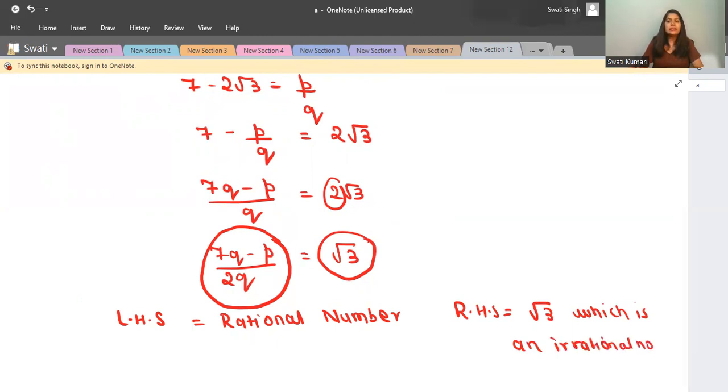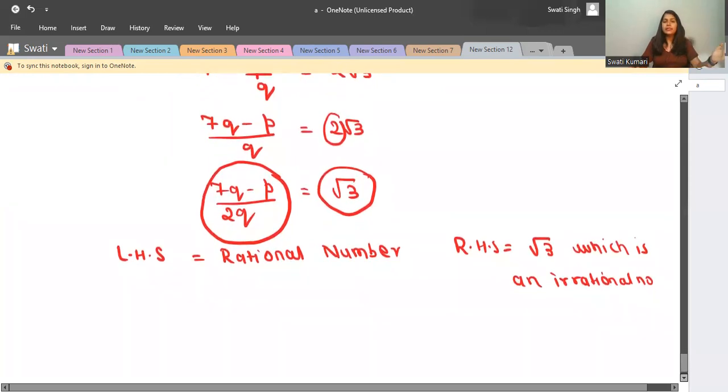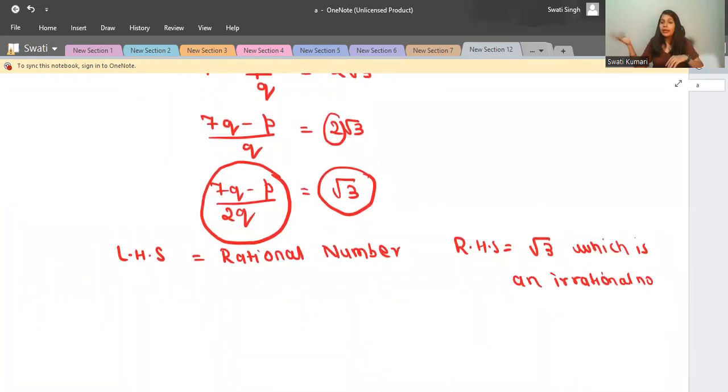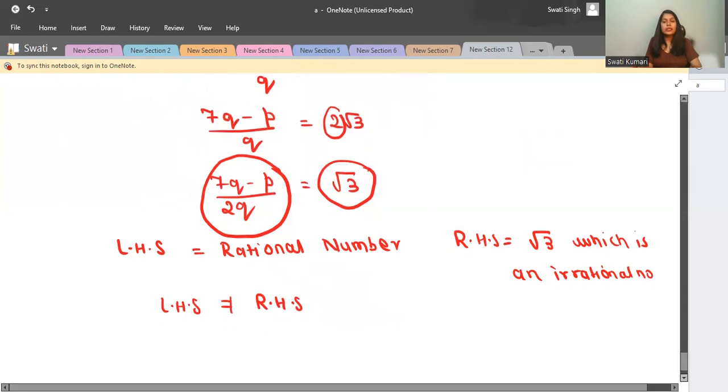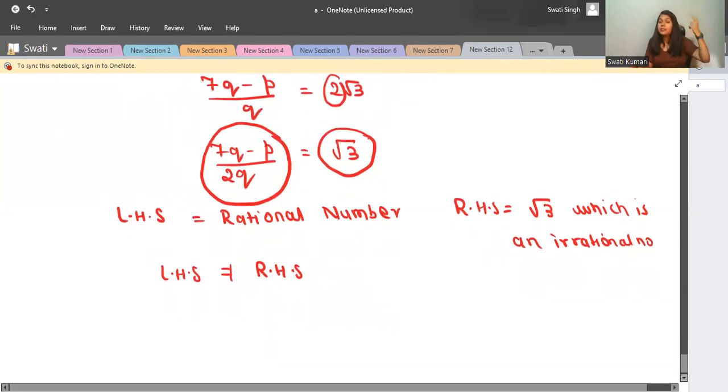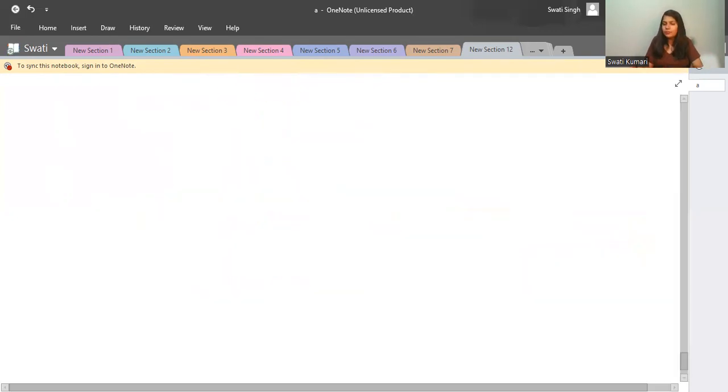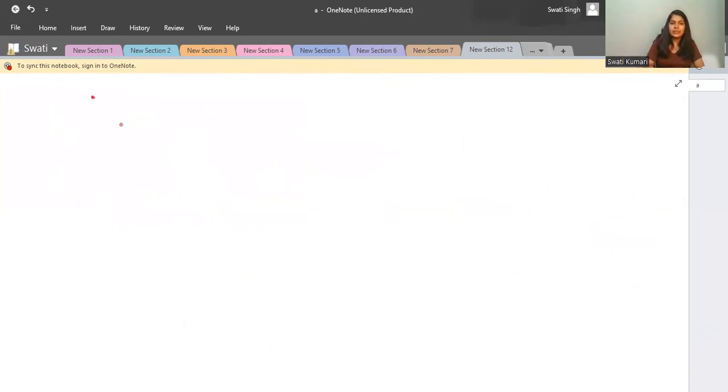And now you can see that we have a rational number on the left-hand side and an irrational number on the right-hand side. So again, we are getting LHS is not equal to RHS. And if LHS is not equal to RHS, that means whatever we had assumed initially was wrong, right? So we can say, therefore, our assumption is wrong, correct? And what was our assumption?